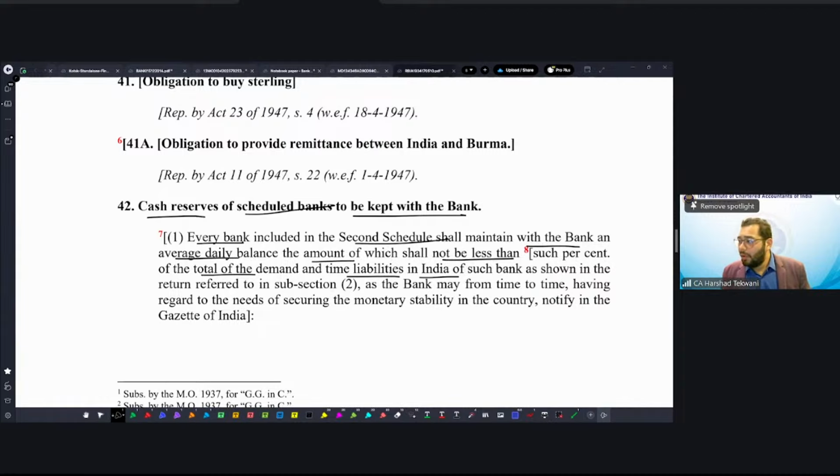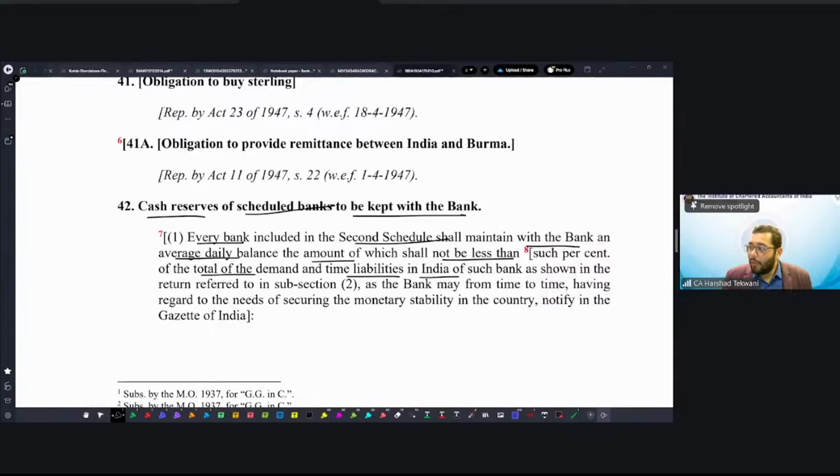Now, again, as banks are required to report, auditors are also required to look into whether the banks have maintained this particular position from time to time or not. So as an auditor, we should be aware of how these demand and time liabilities are calculated, and that the bank has applied the relevant percentage appropriately.